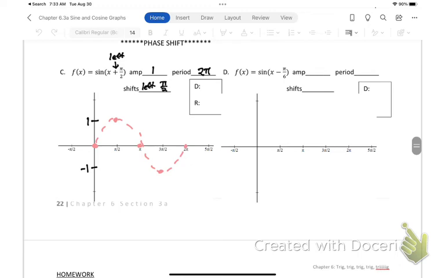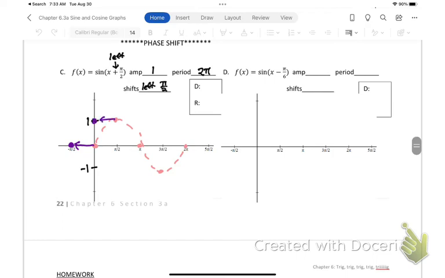Now, if I want to go left pi over 2, all you have to do is move the points left pi over 2 units. And I'm going to start with this guy. I'm going to take that guy and shift it left pi over 2 units. And do that to all of them.